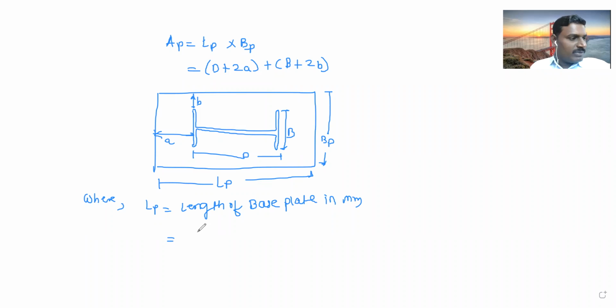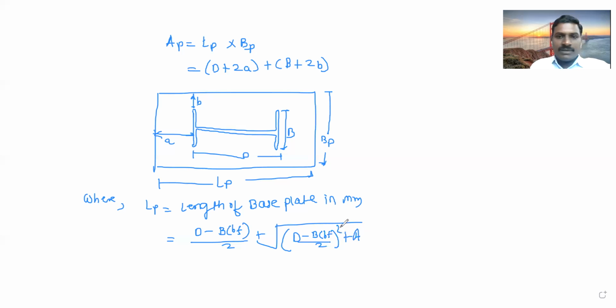We have to calculate LP by using the formula: D minus B, where B is the width of flange, divided by 2, plus under root of (D minus B divided by 2) square plus A. Okay, so this is the formula by which we can calculate your length of plate.